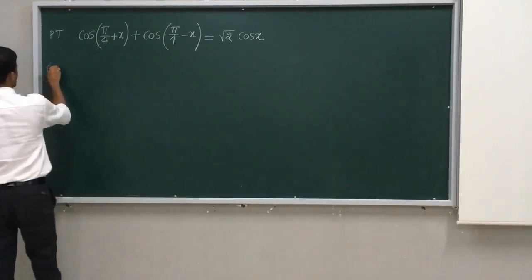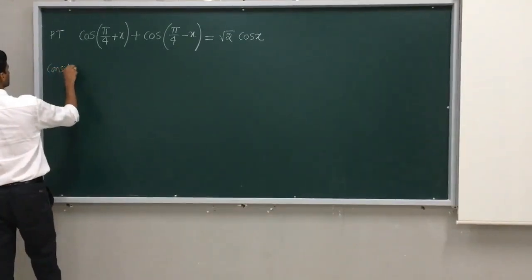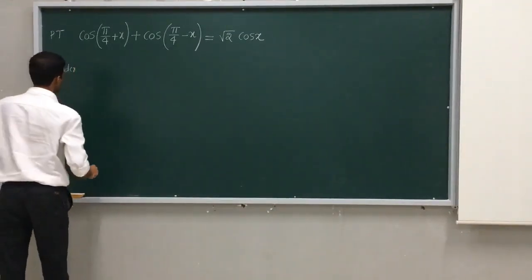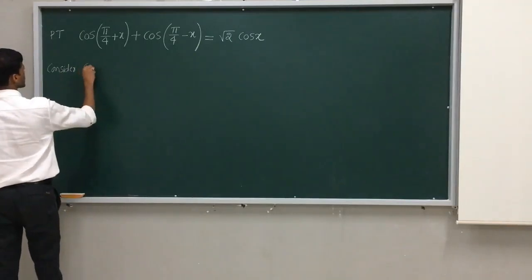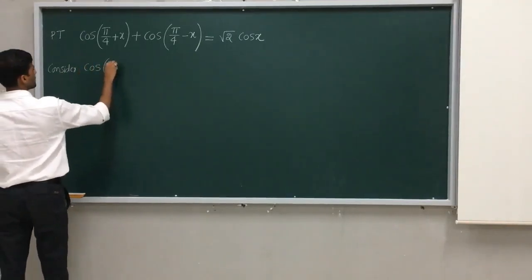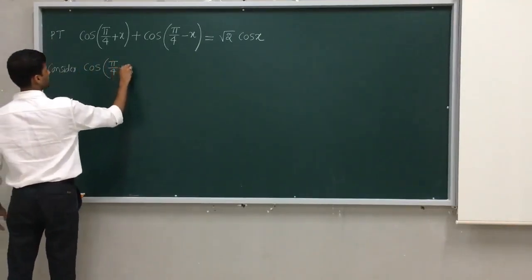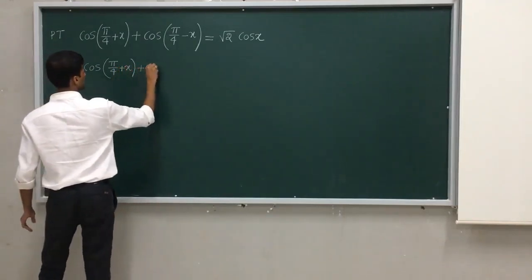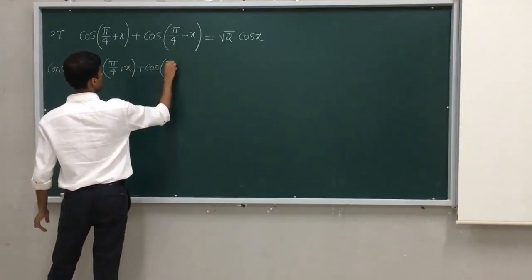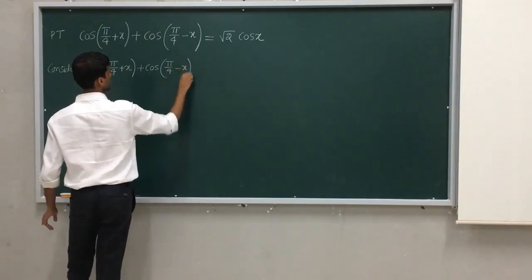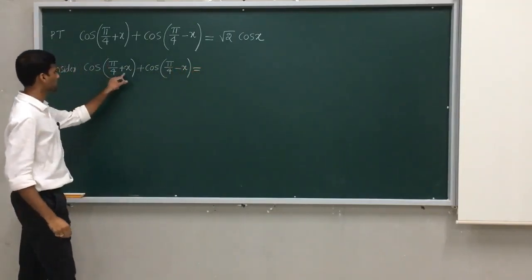Let me use a very simple idea. I will consider the left hand side: cos of pi by 4 plus x plus cos of pi by 4 minus x. I will use cos of x plus y.